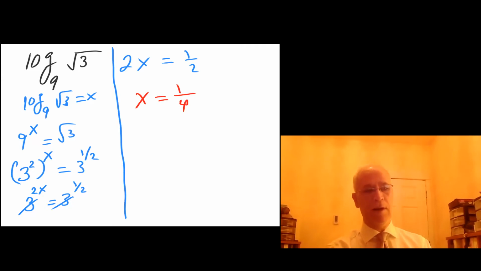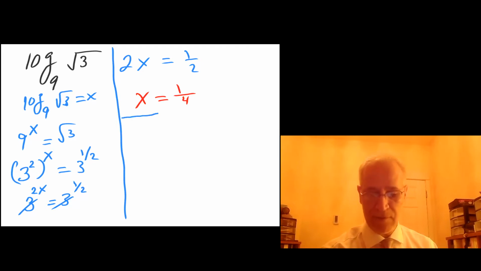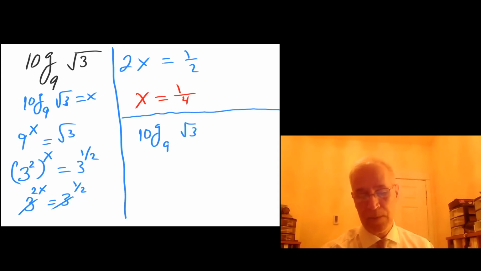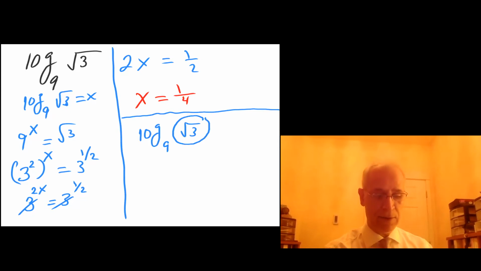Now, this is one of those where the short version, for most students, would probably be counterproductive. And here's what I mean. If you say log base 9 of root 3, now you have to replace this with something involving 9.